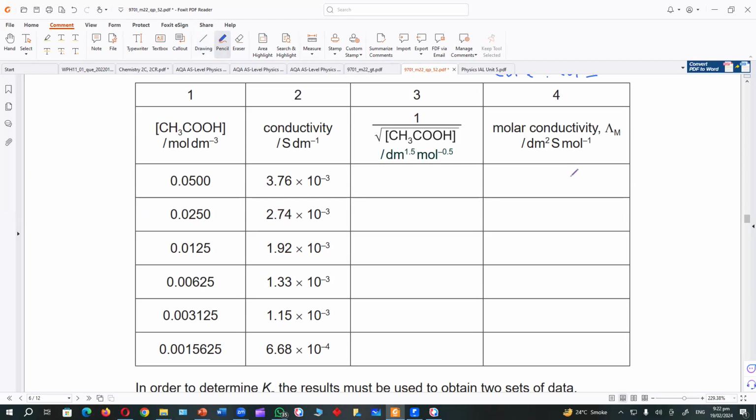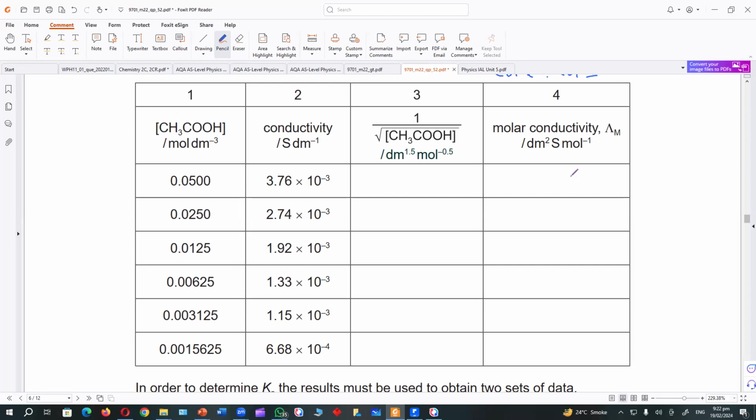For column 3, the first one is 4.47. Can you repeat the first answer?